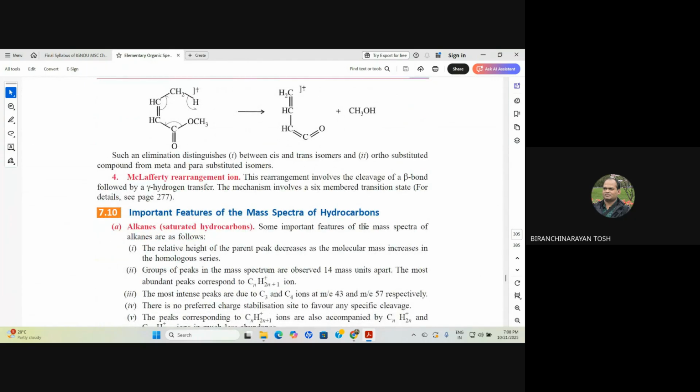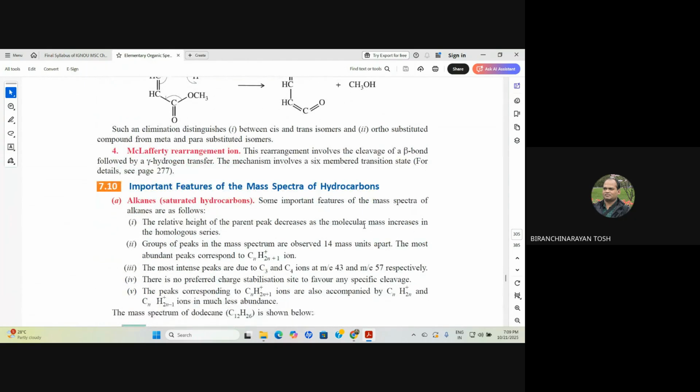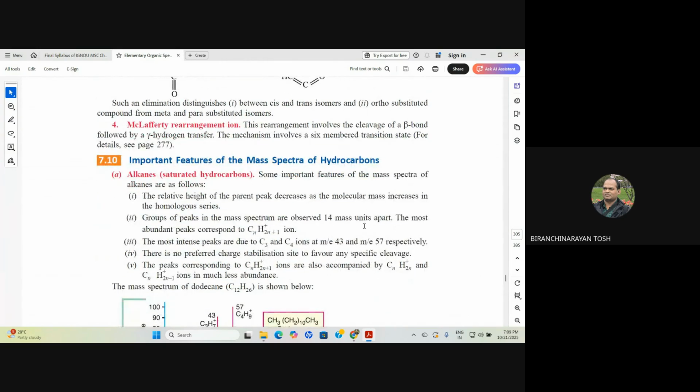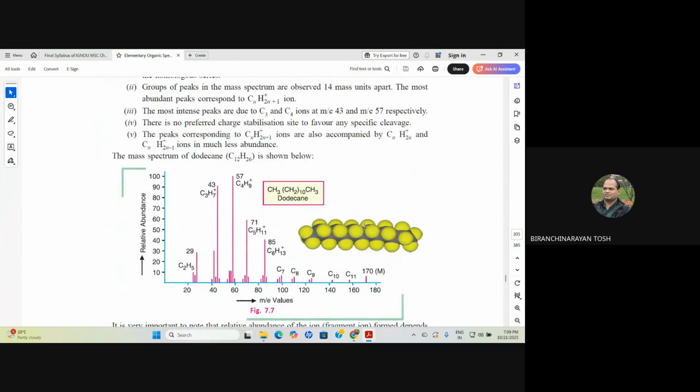Now the important features of mass spectra of hydrocarbons. You can see the figure here; the dodecane spectrum is given. In the case of dodecane, that means C12H26, the relative height of the parent peak decreases as the molecular mass increases in the homologous series.